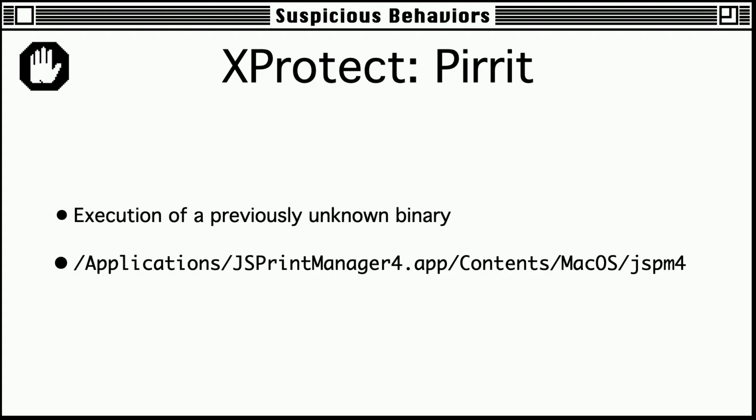Well, we can see, for example, on this one machine that it detects this JS Print Manager 4 as Pirrit, which is some known malware for macOS. It's been around a long time. Years ago, the Mac versions of Pirrit were called vSearch, if you've heard of that, if you're an old timer in the room. So, this is something that XProtect detected.